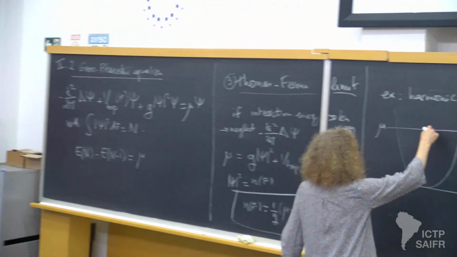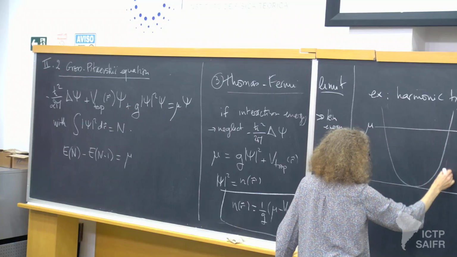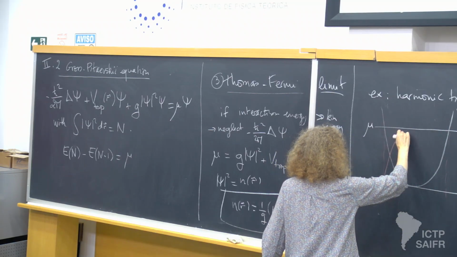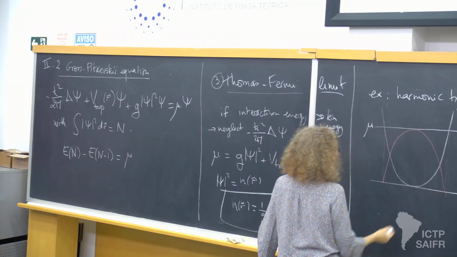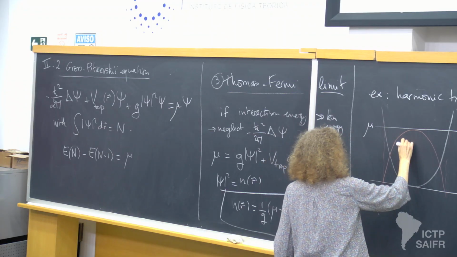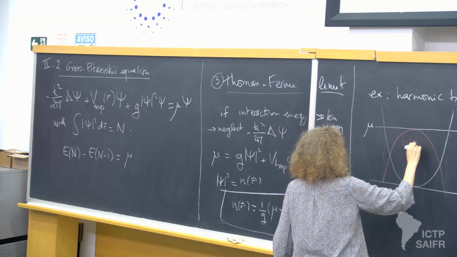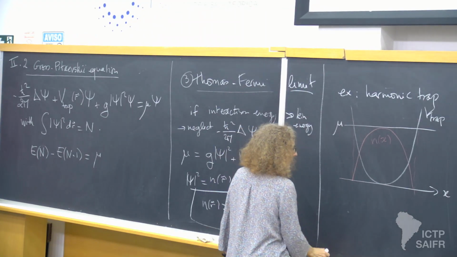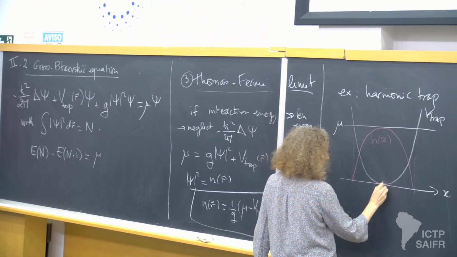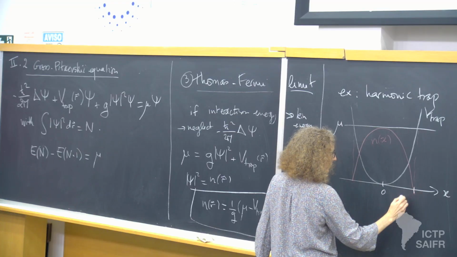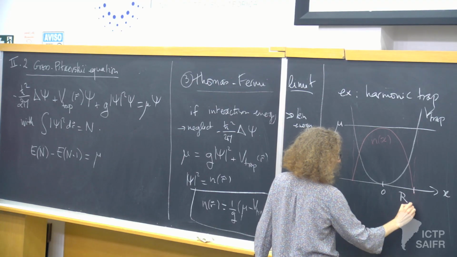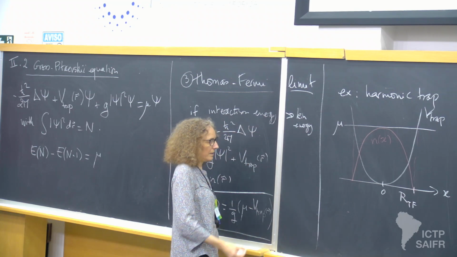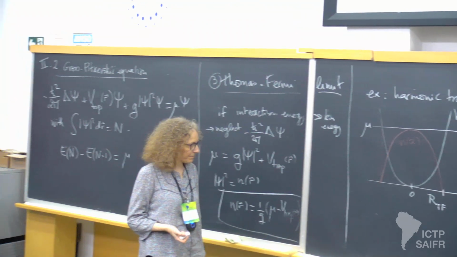And so these points here are the limits, and the atomic density is given by this profile, n of r. Well, n of x in my case, because I have taken a cut. And so this point here is called the Thomas Fermi radius. That's the point where the density vanishes.